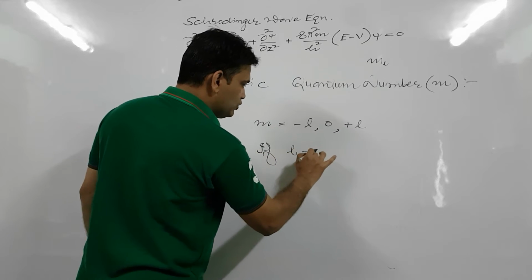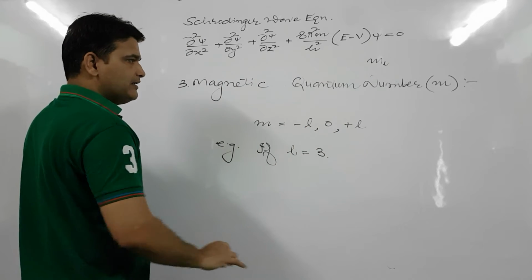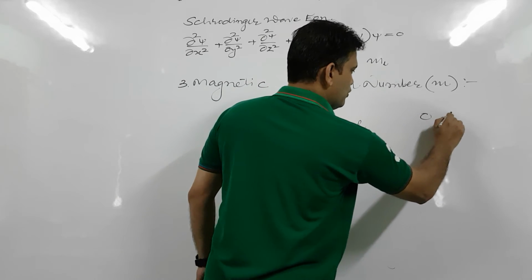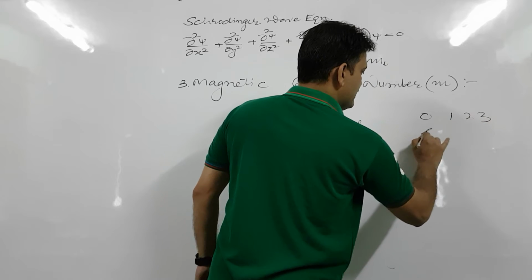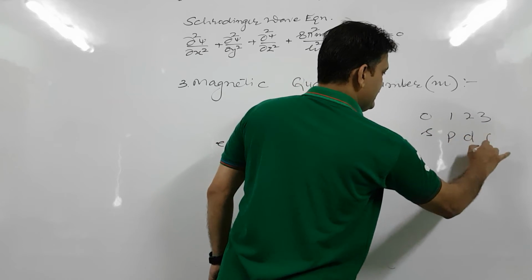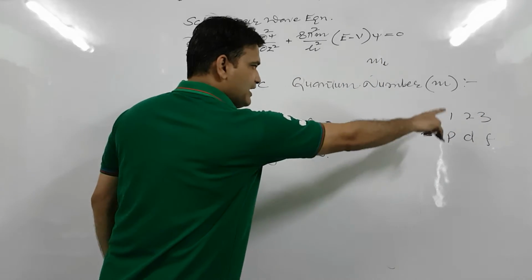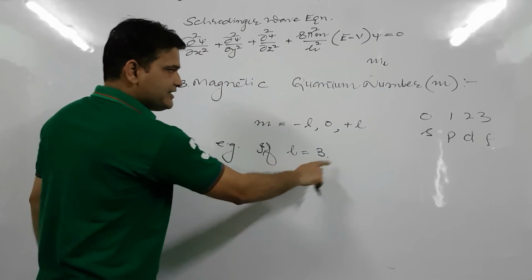L is equal to 3, then according to 0, 1, 2, 3, S, P, D, F, what will be the subshell for L is equal to 3?